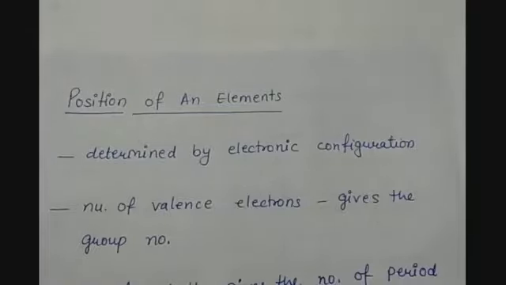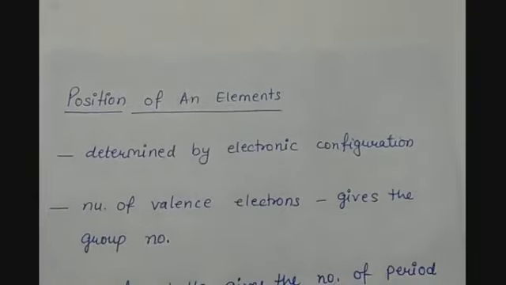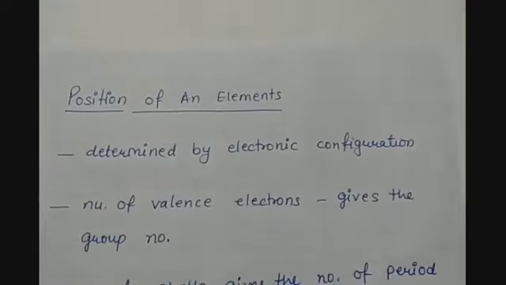Let us see how. So how to determine the position of an element in the periodic table? The position of an element is determined by the electronic configuration of the element, as the elements are placed according to the increasing atomic number. Atomic number, that is the number of protons present in the atom, and the number of valence electrons gives us the number of group in which the element is present, as we have seen while studying the characteristics of groups and periods.